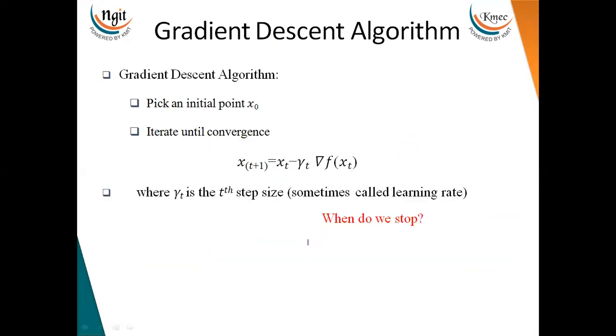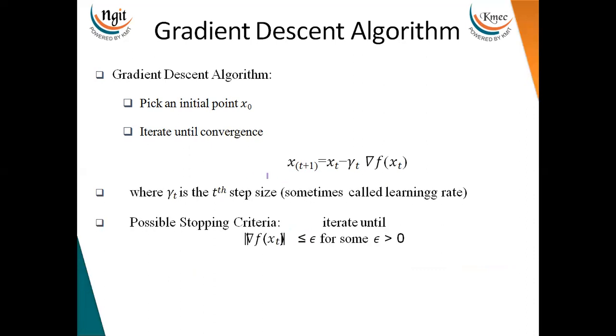Now when will you stop? Using the new x value, that is the x value at the next timestamp, you should see what your output is. If that output gives you an error less than the threshold, then you have reached the correct point, and at that point you can stop.